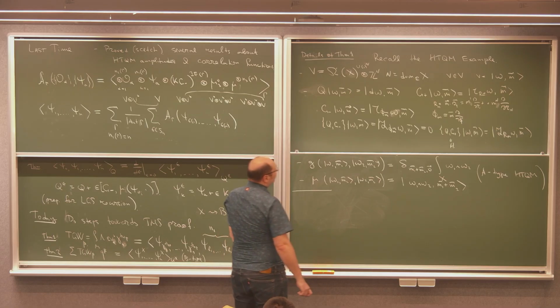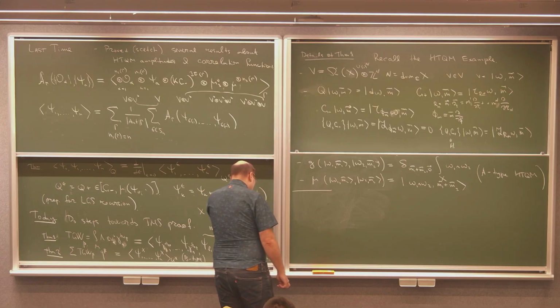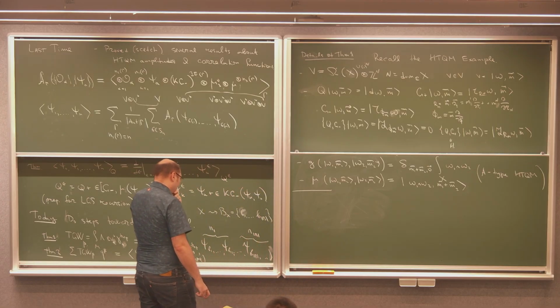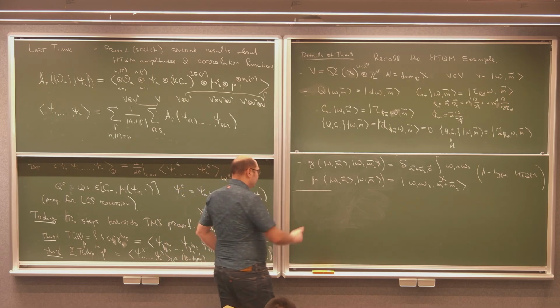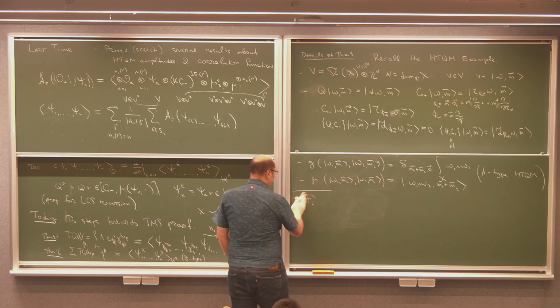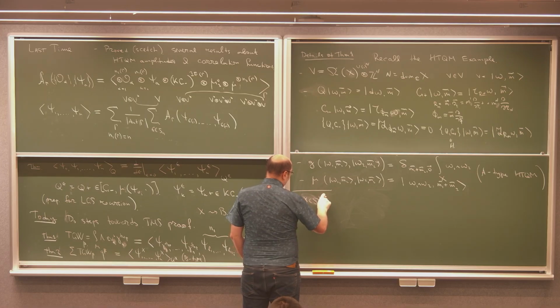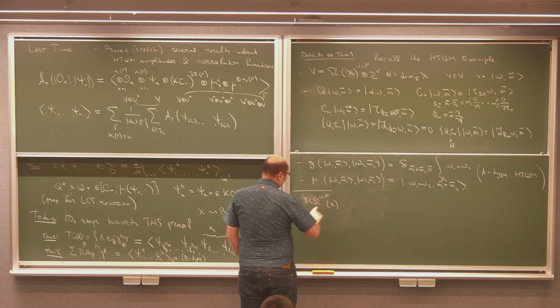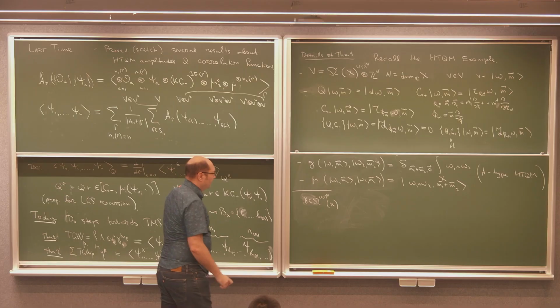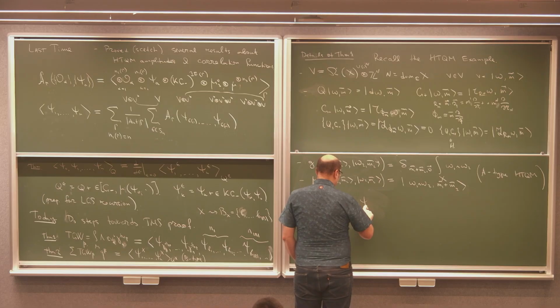So in this A-type HGQM, we have two types of distinguished states. Given a U1 invariant differential form gamma on X, we can construct the following state psi gamma.